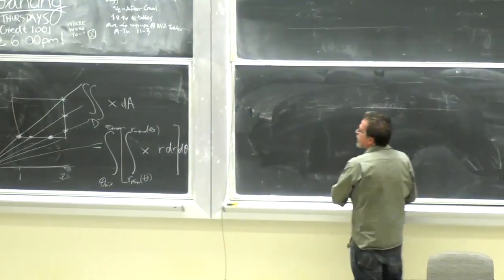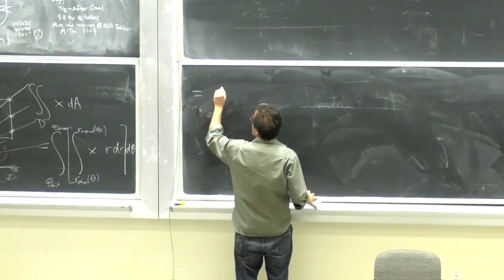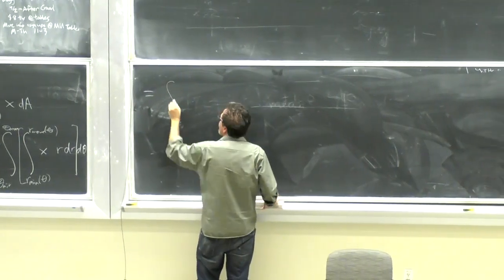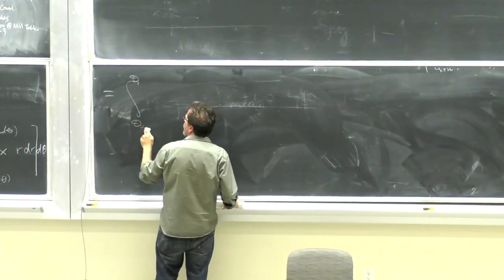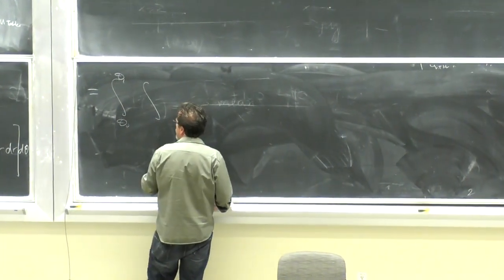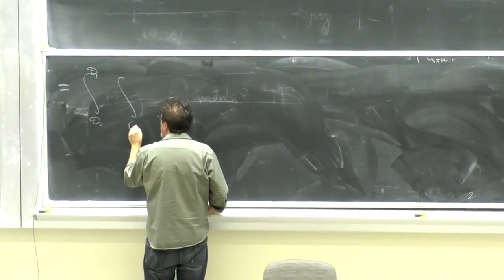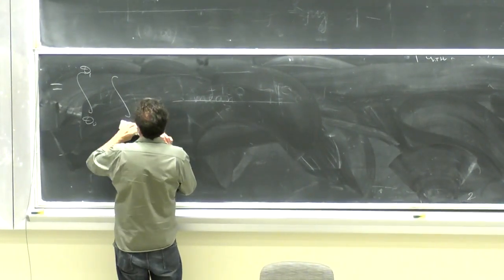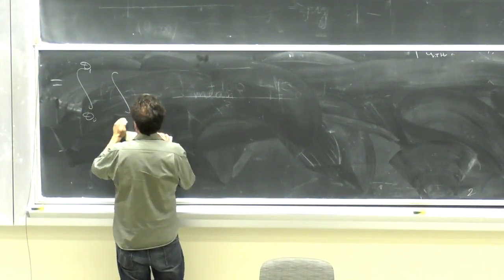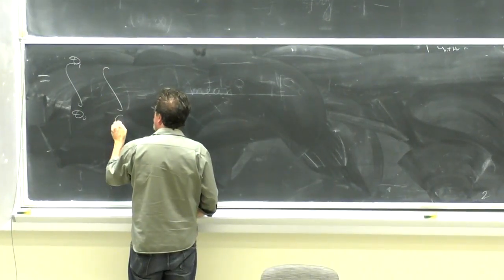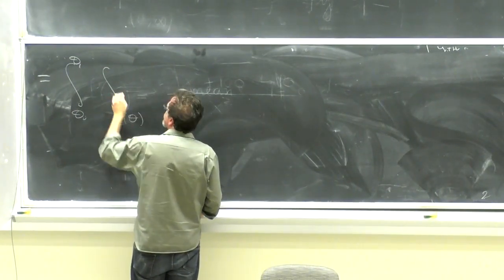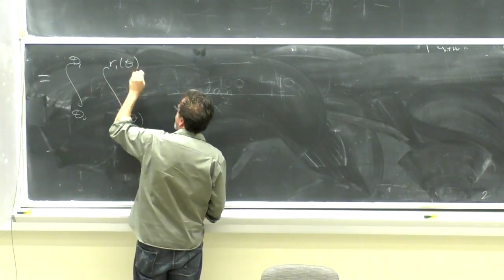So let me say that that integral is equal to theta 0 to theta 1, I'm changing now from theta min to theta max, theta 0 to theta 1, and r from r0 of theta to r1 of theta.